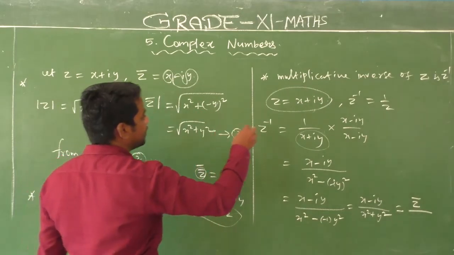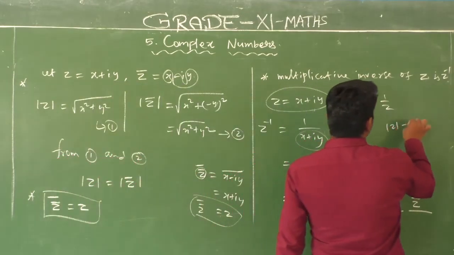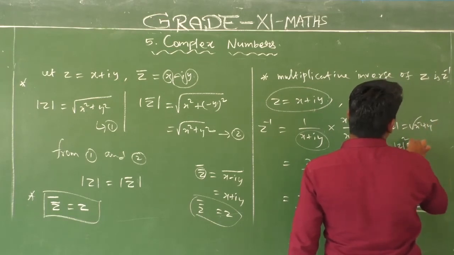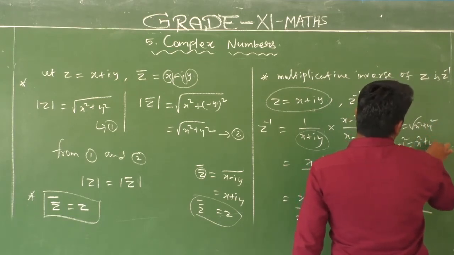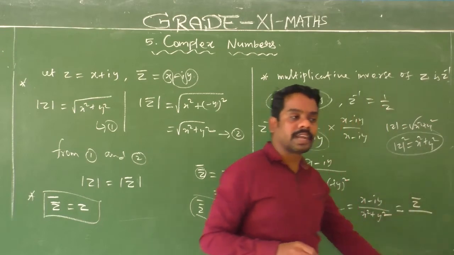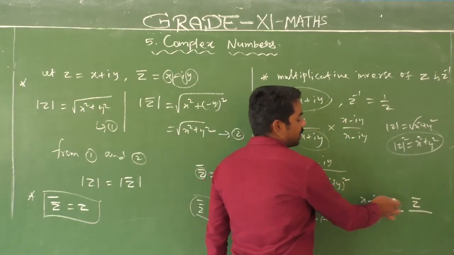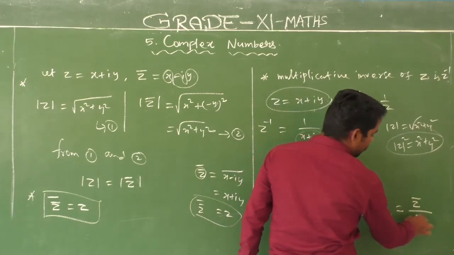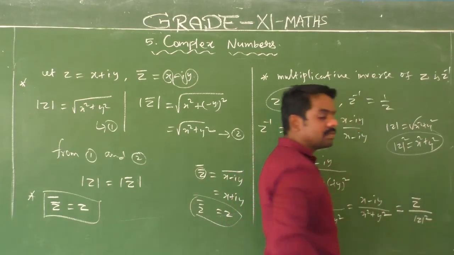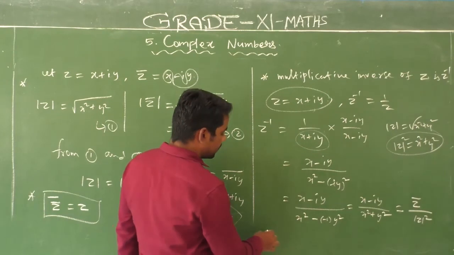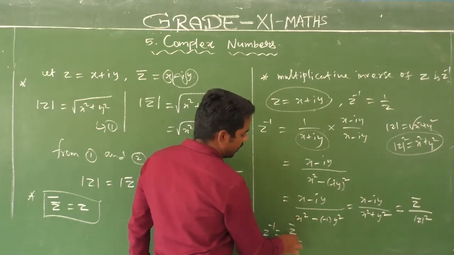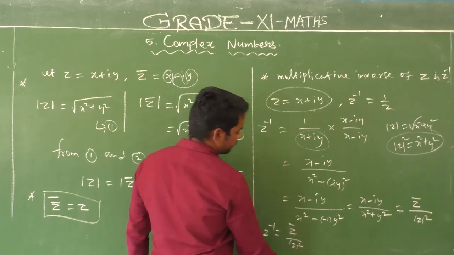Modulus of z is root of x squared plus y squared. Then modulus z squared is equal to x squared plus y squared. So here x minus iy is written as z bar and x squared plus y squared is written as modulus z squared. So z inverse is equal to z bar by modulus z squared.